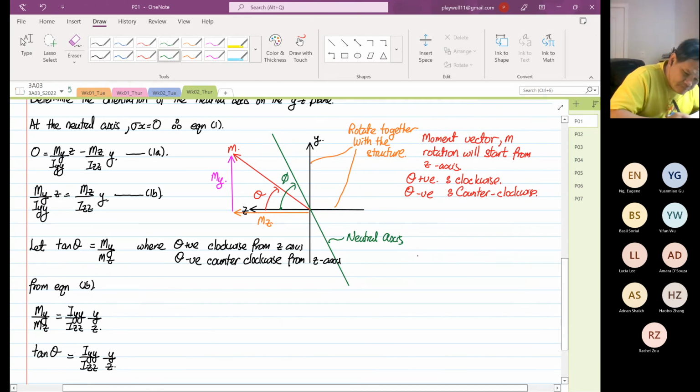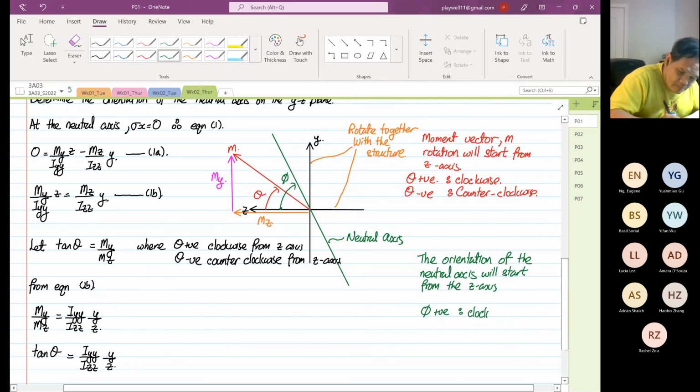The orientation of the neutral axis starts from the z-axis, and phi is positive when the rotation is clockwise, and phi is negative when the rotation is anticlockwise or counterclockwise.